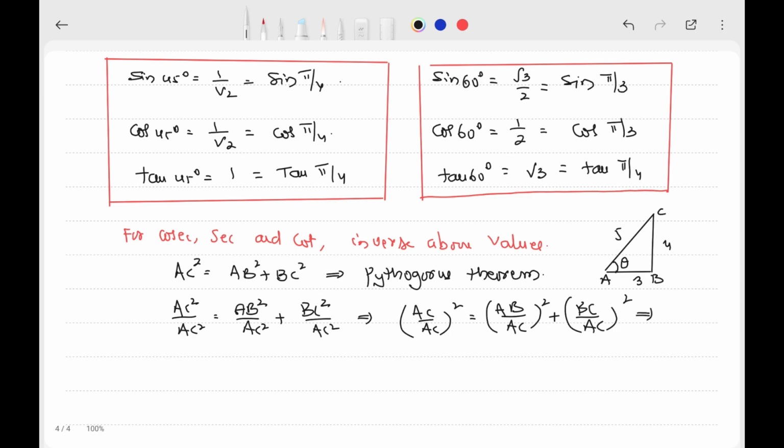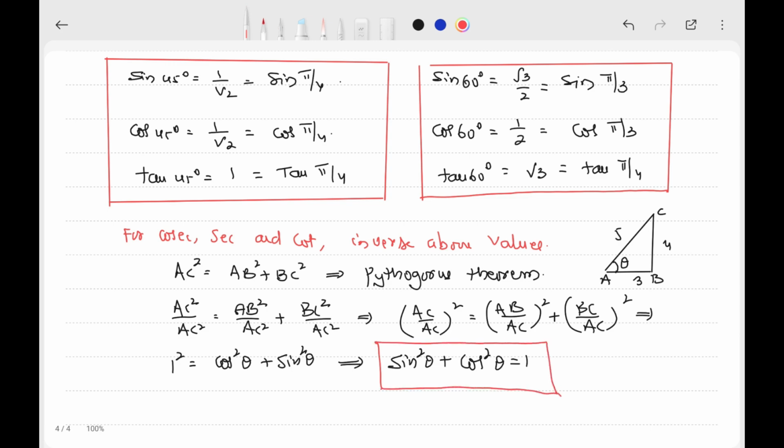That implies 1 square is equal to, what is AB by AC? That is adjacent side by hypotenuse, that is cos square theta. What is BC by AC? Opposite side by hypotenuse squared, that is sin square theta. That implies sin square theta plus cos square theta is equal to 1. This is the important derivation we have got from Pythagoras theorem.